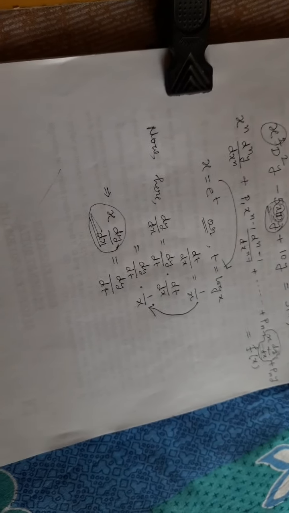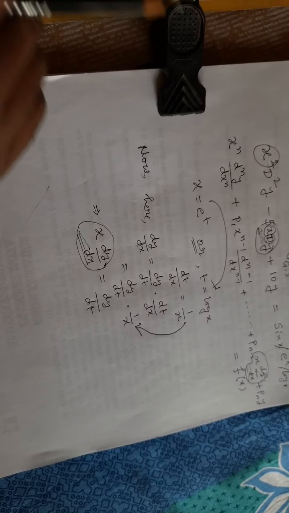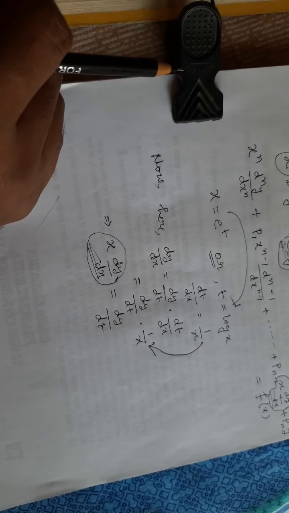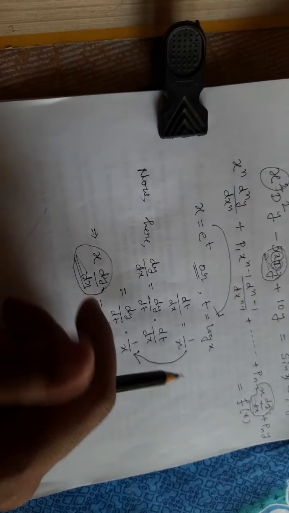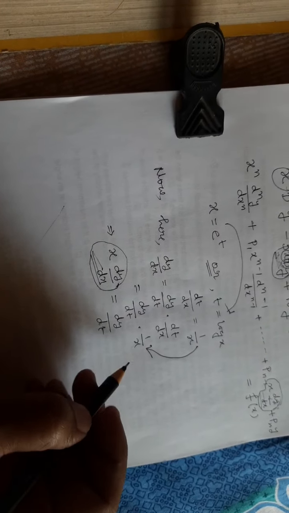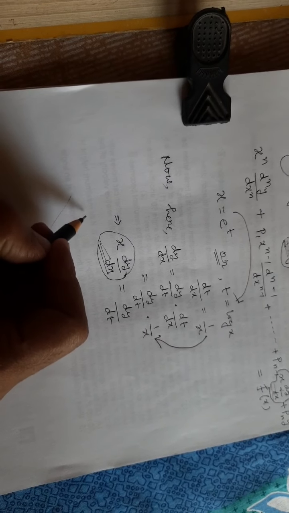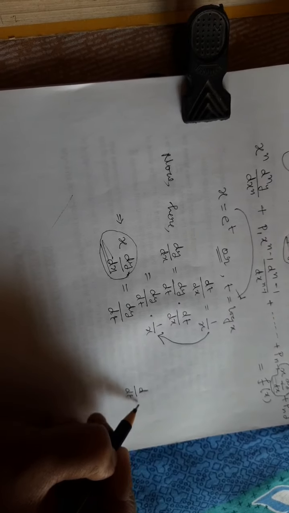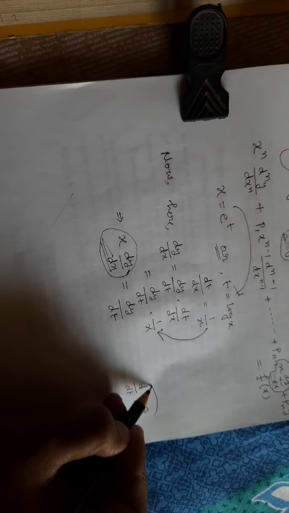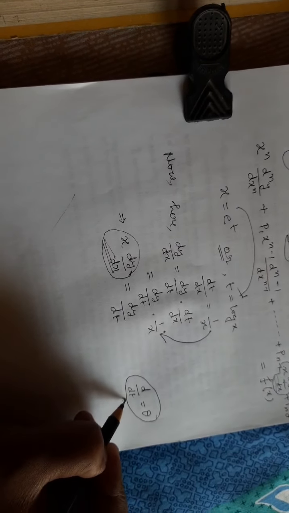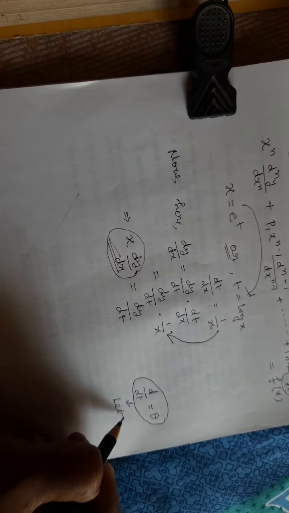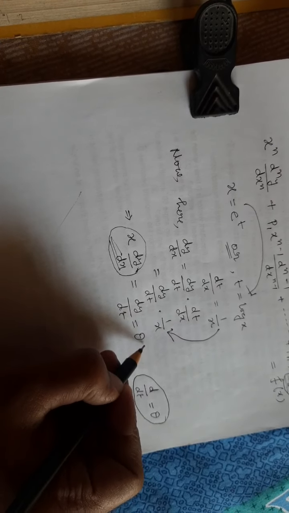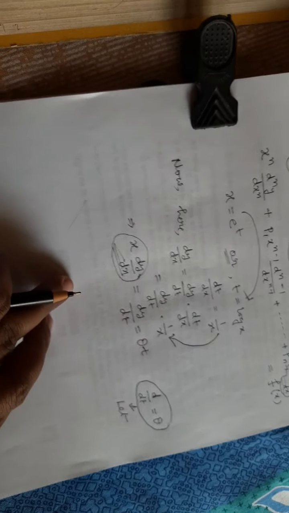Wherever we see x dy dx, we can put the value dy by dt. Now naming d by dt equals theta, let us write dy by dt equals theta y.